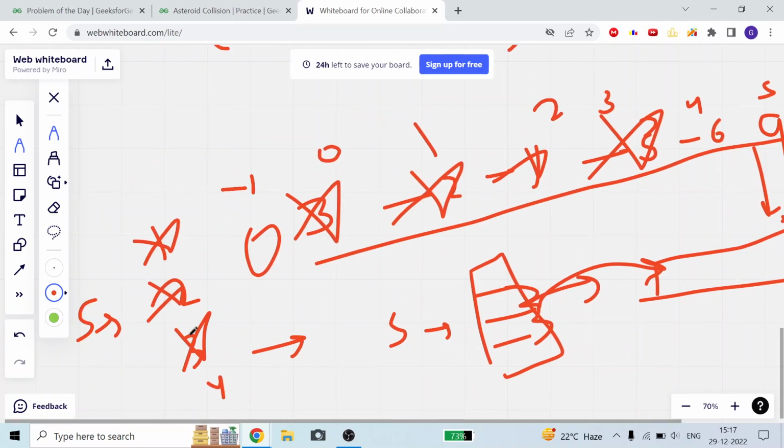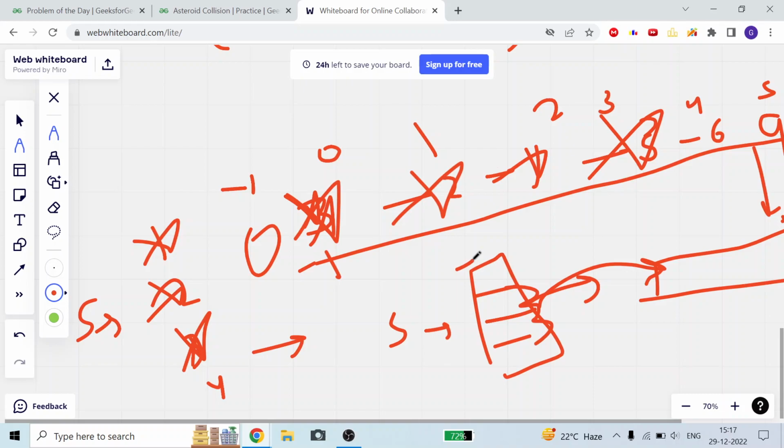Because what we are doing, when these 3 and these 3 collide, what is the condition to check whether they collide or not? This is -3, so we will not change this, but we will change this to -1, because -1 means it is already handled by the stack, or it is a collided, exploded asteroid.